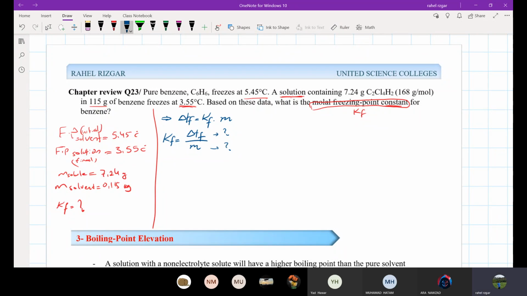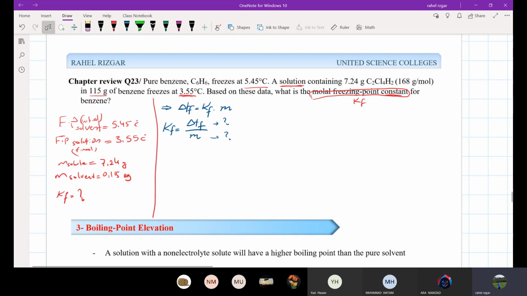What can we do? What are the given parts that we are going to use in order to find delta Tf and Kf? We cannot find delta Tf from this rule because Kf is unknown and molality is also unknown. But there is another rule for delta Tf.